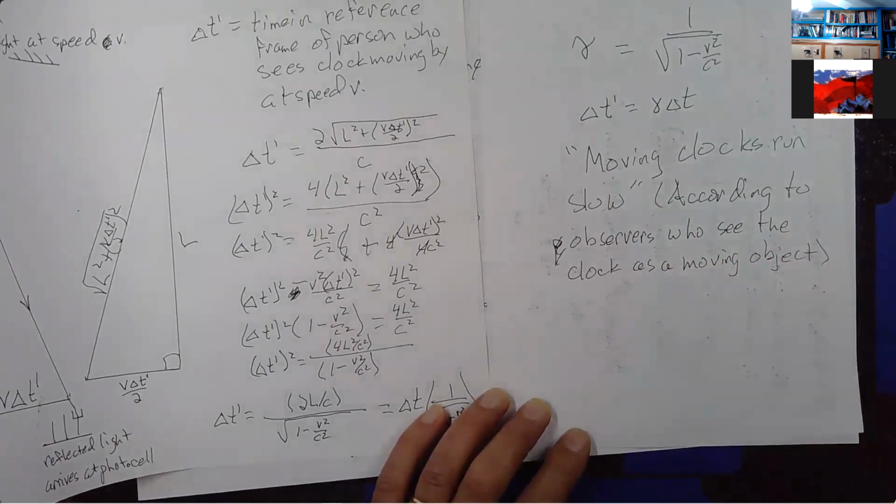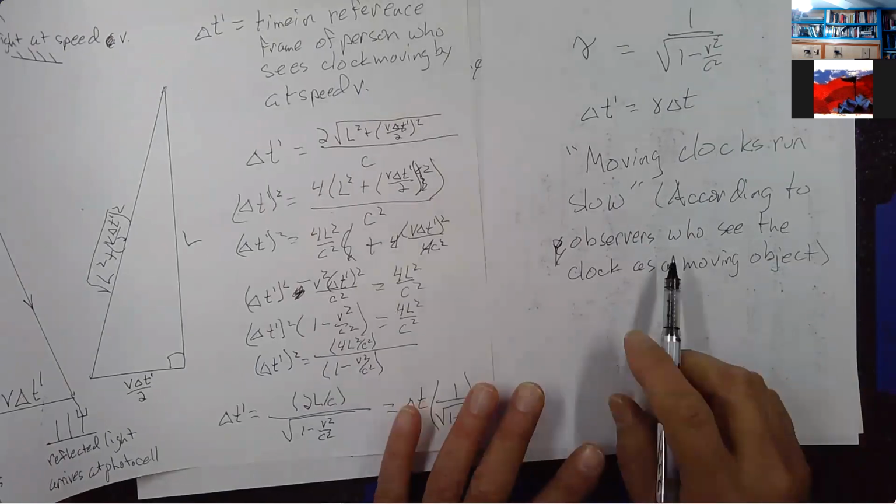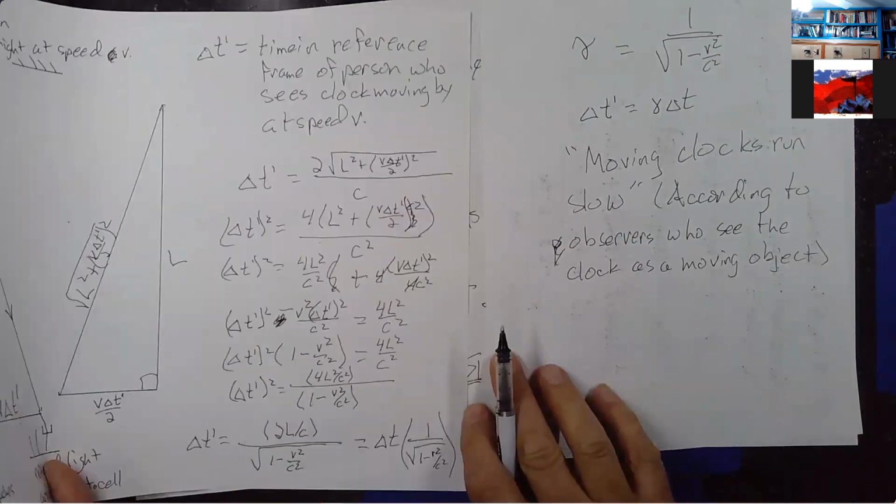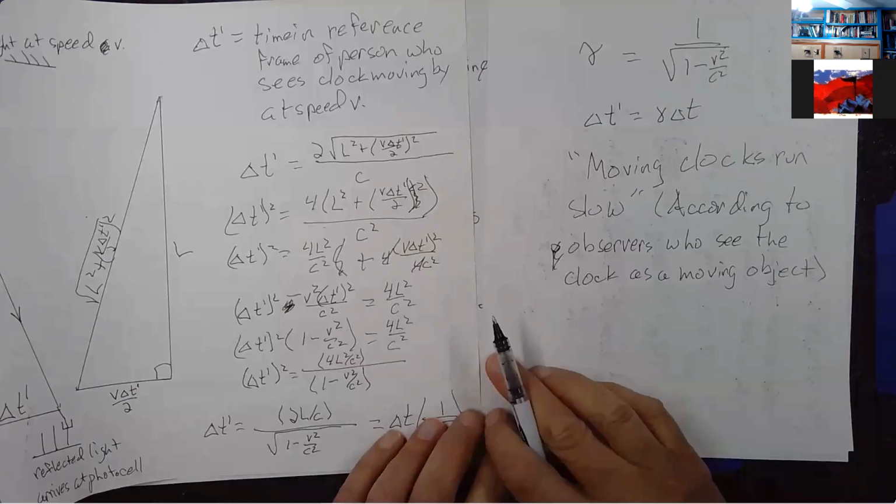Whoops, a dying pen. Okay, that one's toast. Moving clocks run slow according to observers who see the clock as a moving object.